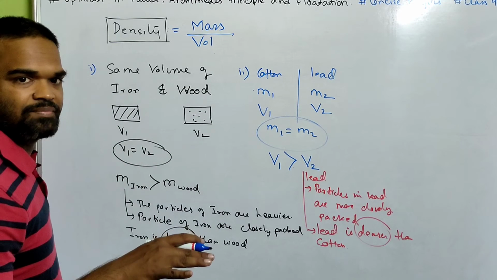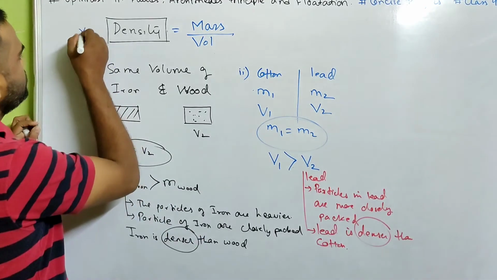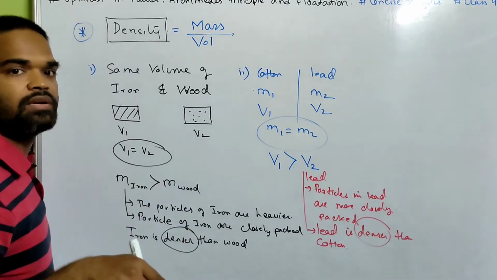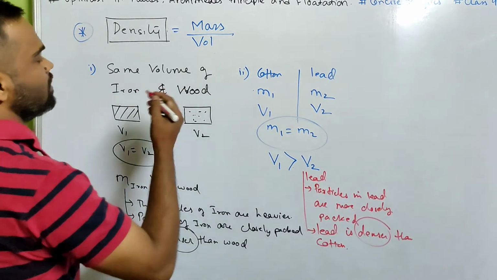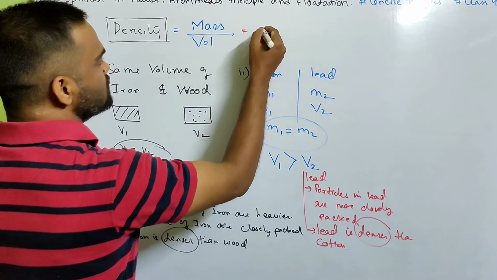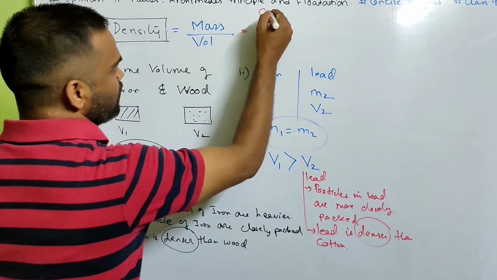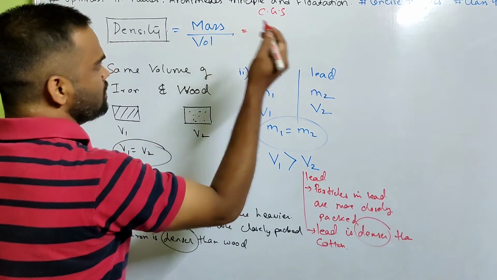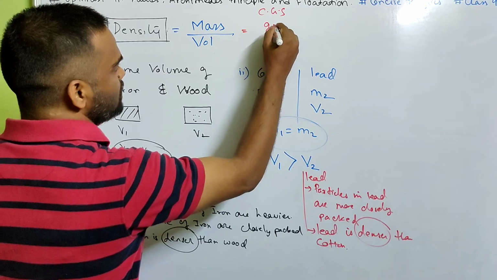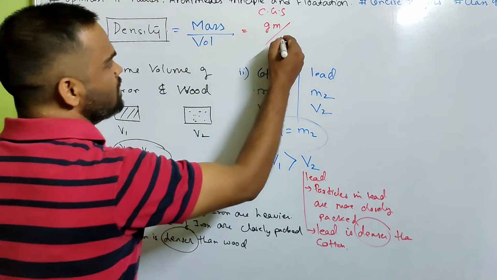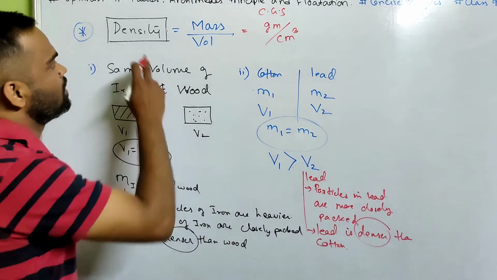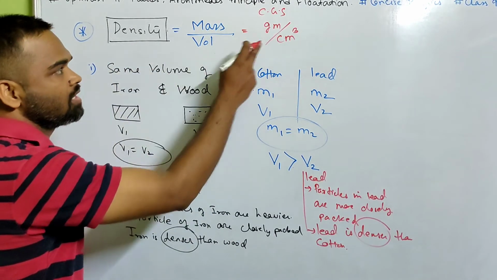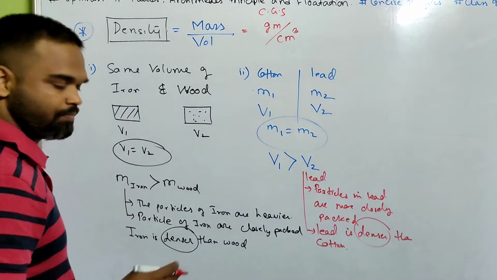Clear what is density? Now, when we talk about the unit of density, in CGS, mass is measured in gram and volume in centimeter cube. So in CGS, the unit of density is gram per centimeter cube.